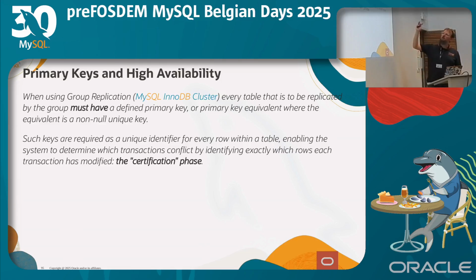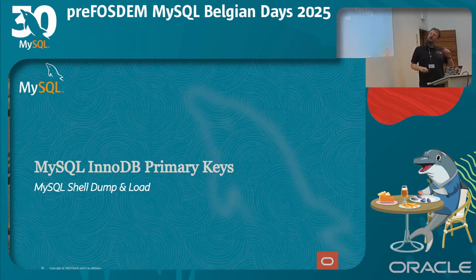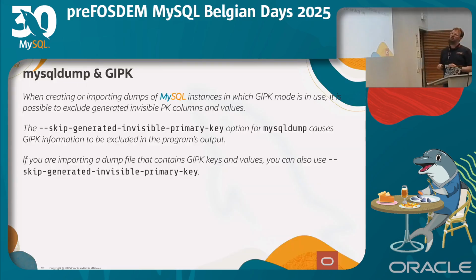Like I said, using replication, you must have the primary key, or it won't even work. If you don't have a primary key and you want to create a new machine and make it clean and nice, you can say, okay, I want to add this primary key, or skip it if you don't want to.